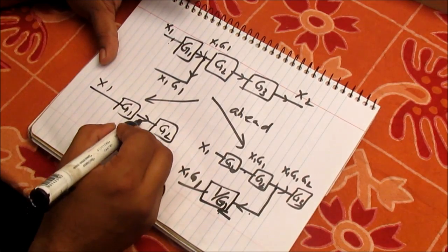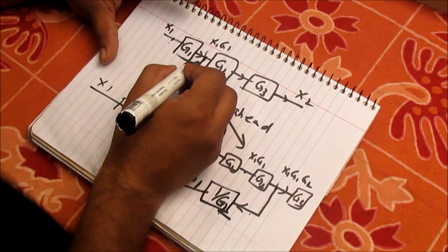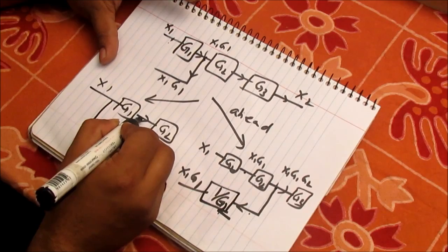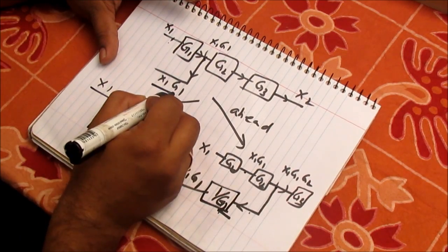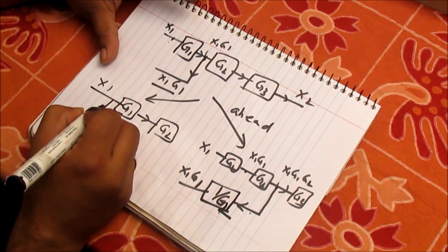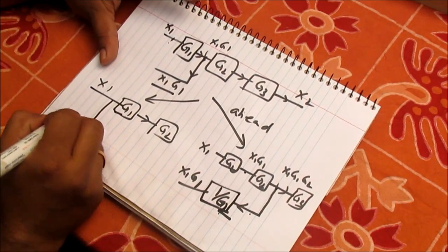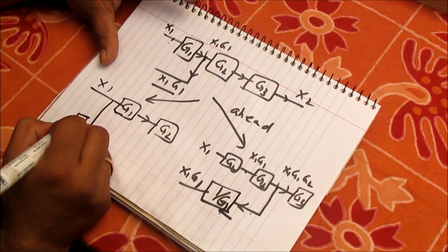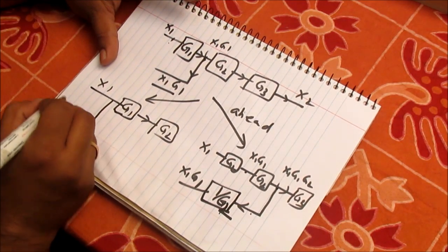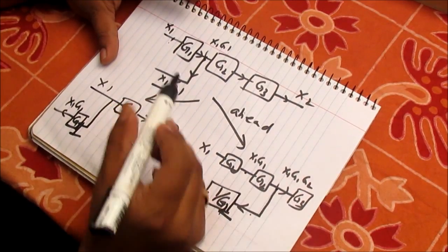Originally it is at this position, x1 G1, and I am placing this takeoff point here. But the original value is x1 G1, so it is getting multiplied by a G1 factor. Here it is not multiplied by G1, it is x1 only. So what will I do? I will place a G1 here. So it will be again x1 G1, which is similar to the original case, x1 G1.